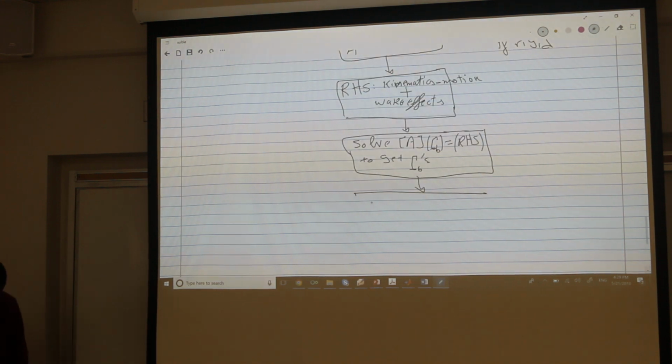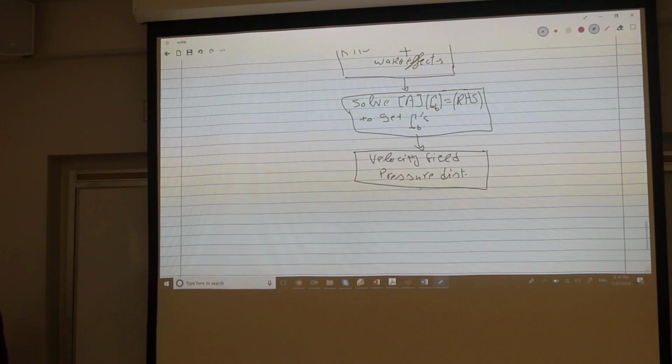If you want the velocity field, you can. But more importantly to us as aerodynamics people, we like to see the aerodynamic loads, so the pressure distribution, which we have an equation for above. Get the loads, pressure distribution, get lift and pitching moment.